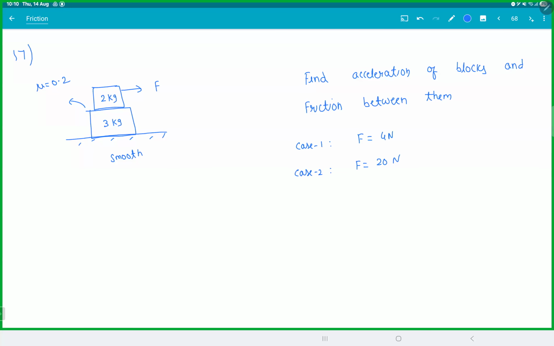So you kept a block on top of another block. You're applying force F on the top block. Friction between them is 0.2 and the ground is smooth. If you apply 4 newtons, what is the acceleration and the friction?